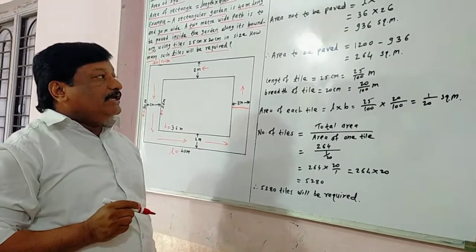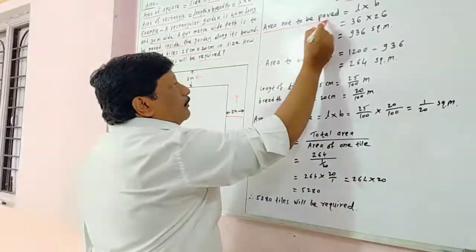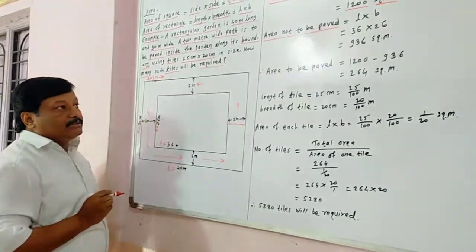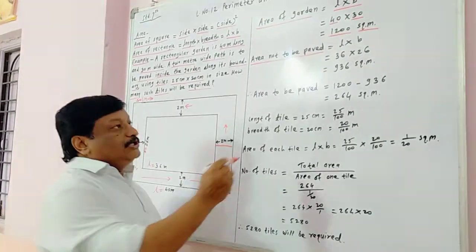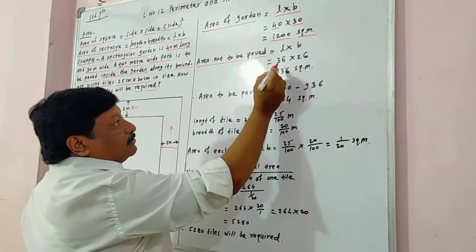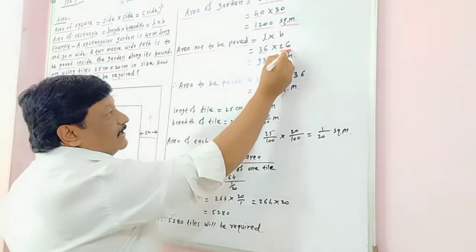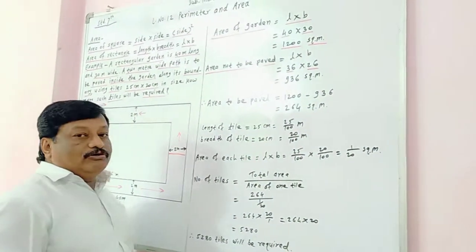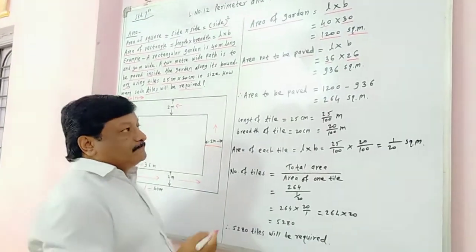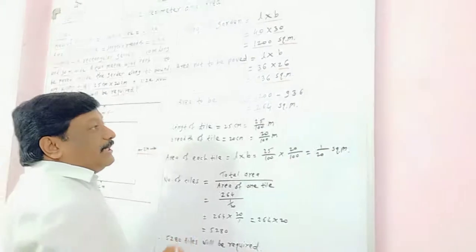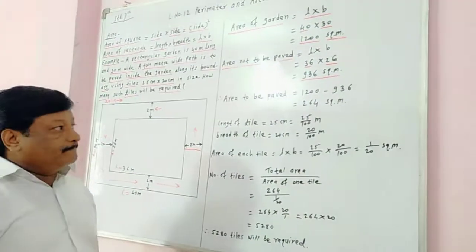Now we have to find area not to be paved, means area of inside part, inside rectangle equal to L into B. Now length of inside rectangle is 36 and breadth of inside rectangle is 26. So equal to 36 into 26. Now 36 into 26 is equal to 936 square meter.